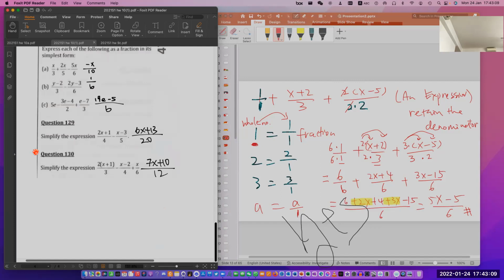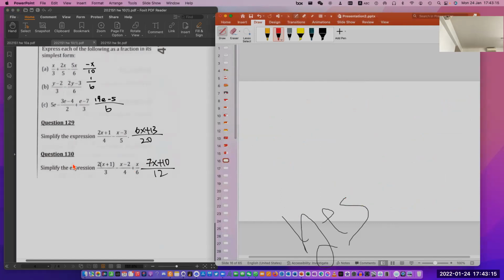But let me just pick question 130 just to see if your answer is correct. By the way, 130 over here, I don't see any opportunity to factorize and simplify. So let me see if you make any careless mistake. Okay, let me just work this out. So I can see that 3, 4, 6. So the common factor is 12. So you times a 4 here.